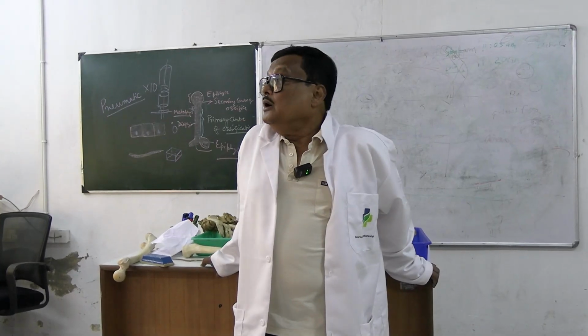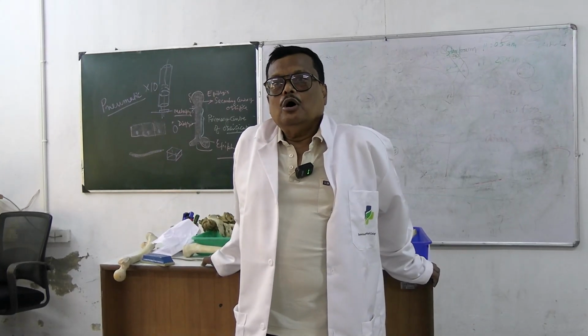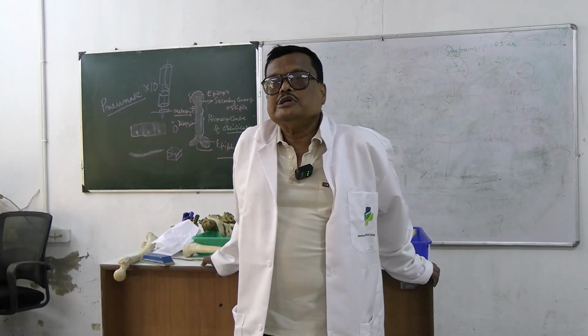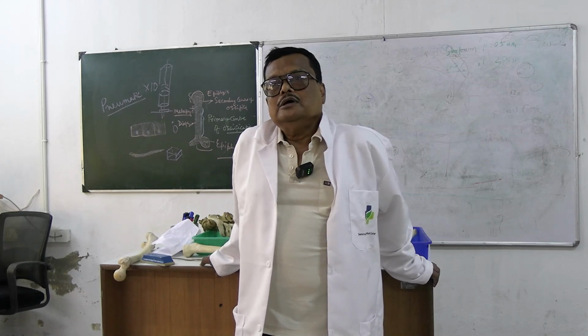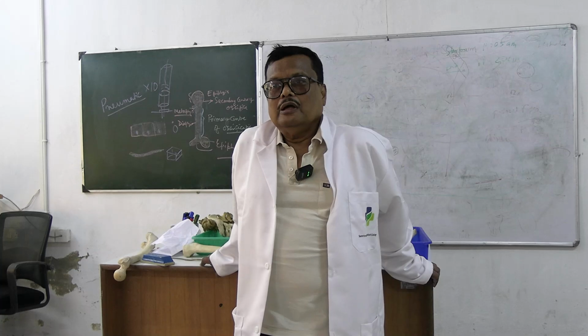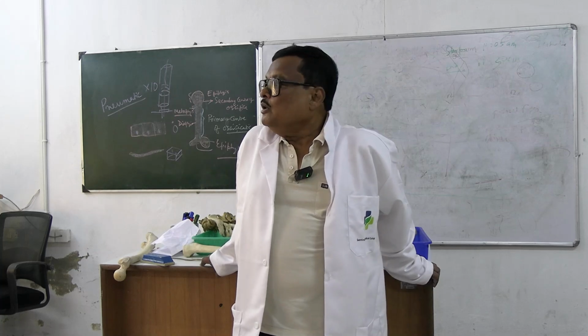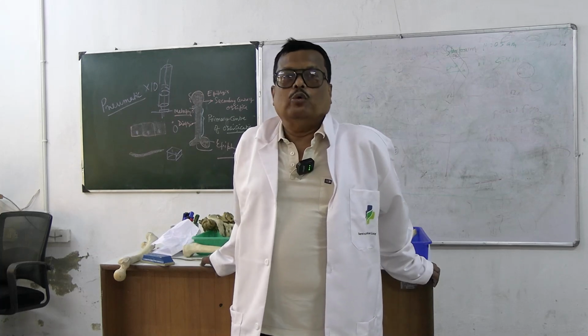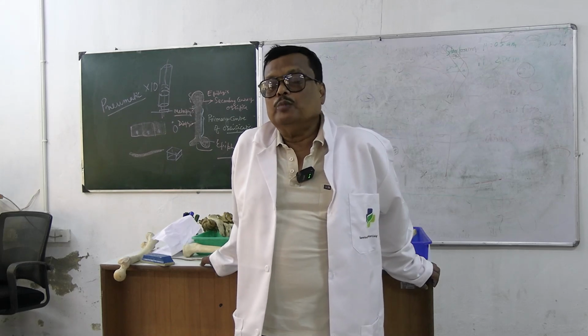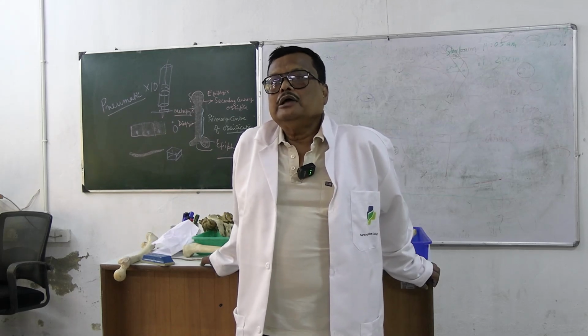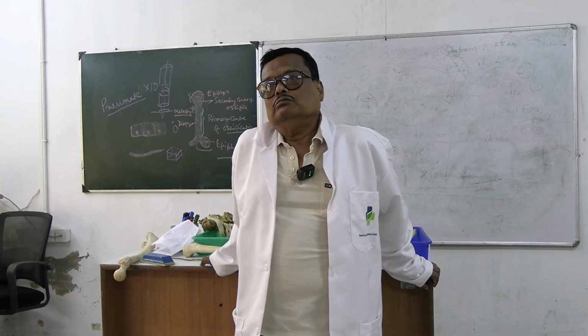Here I said exception: all the scientific terms usually come from Greek and Latin, but here it comes from Arabic. Sesame seed like, so it is called sesamoid bone. It has peculiarities. Number one, it forms within the tendon.